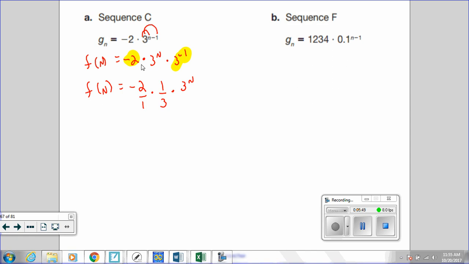And I'm going to put the 3 to the n power on the outside here. Finally, I multiply this fraction, and I get -2 over 3 times 3 to the n. Now remember, if you type this straight into a graphing calculator, don't forget to hit math and fraction to see if you get a regular proper fraction here.